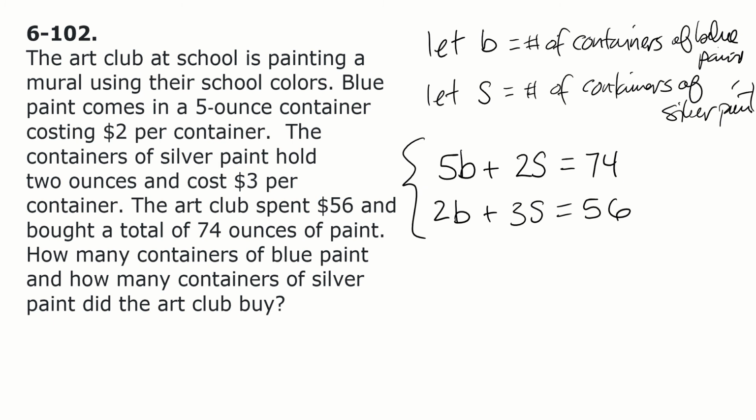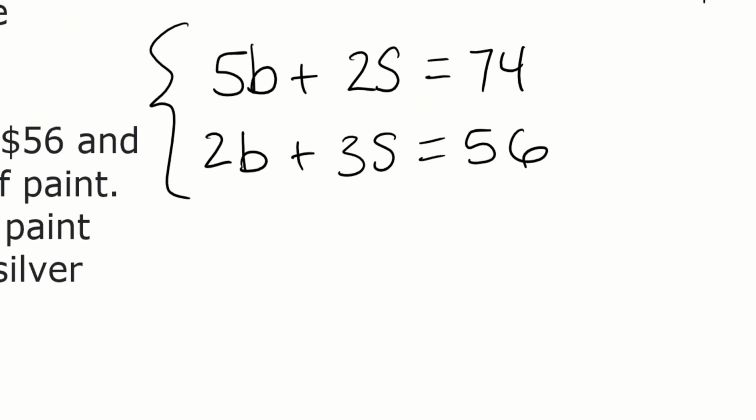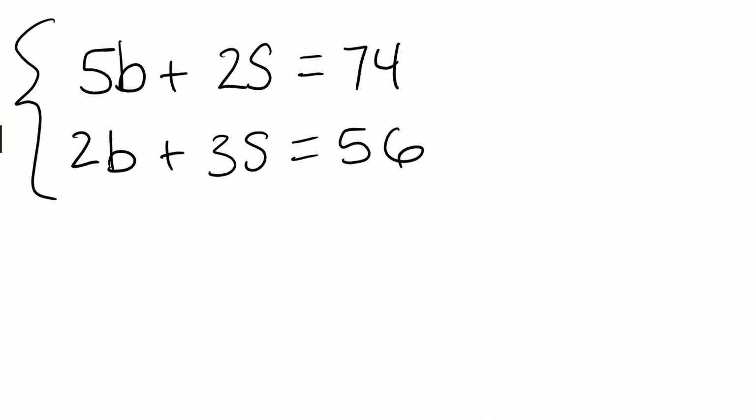So we can kind of see that what happened with our system above is happening here, right? I can't just simply multiply one of the equations by a -1 or one of the equations just by a number, it's going to take manipulating both of the equations to have elimination happen.